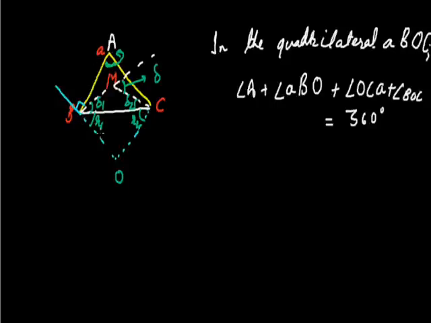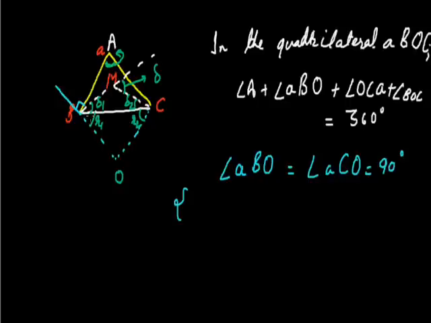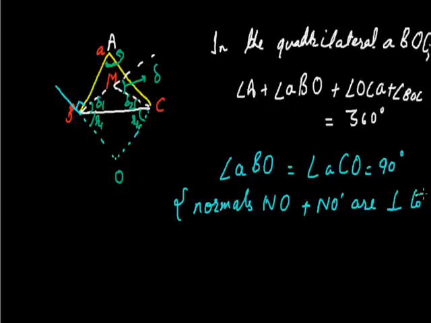So angle ABO is equal to angle ACO, which is equal to 90 degrees, because these are formed by the normal and the prism surface, and the normals NO and NO dash are perpendicular to the surfaces.